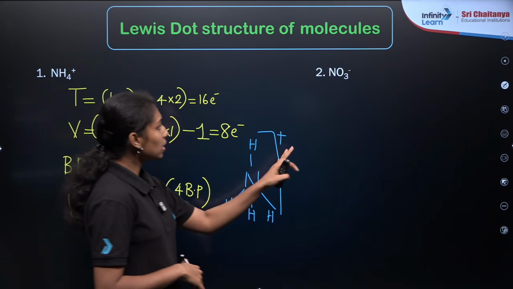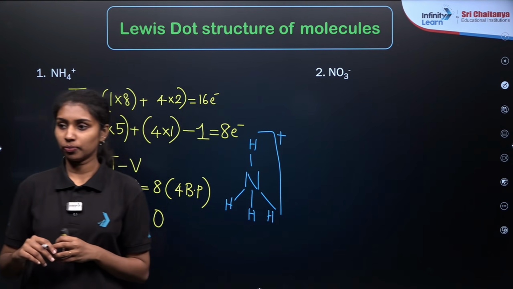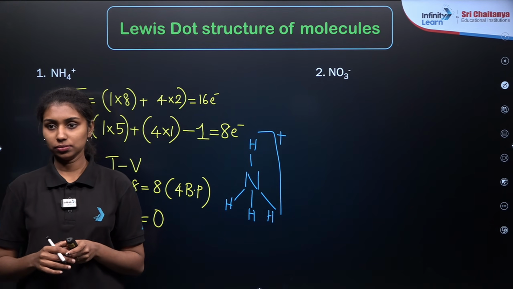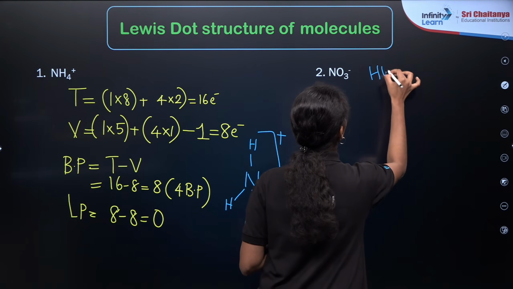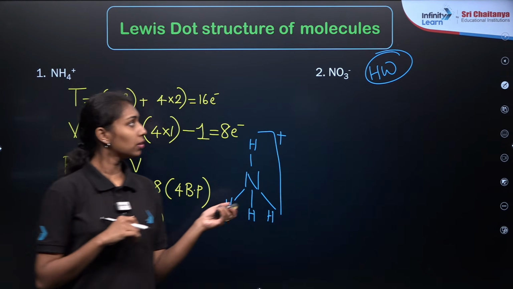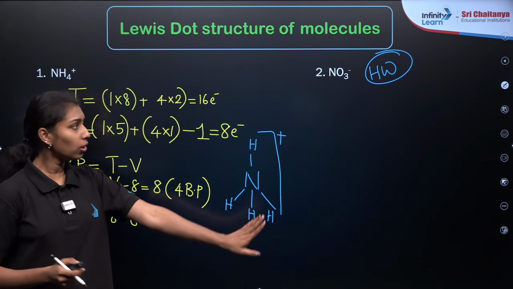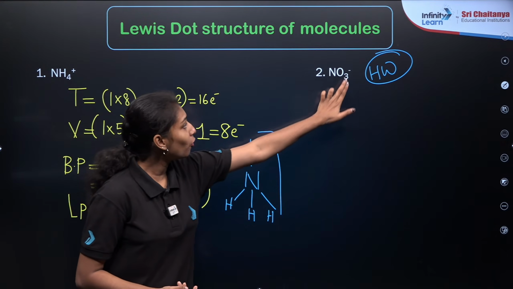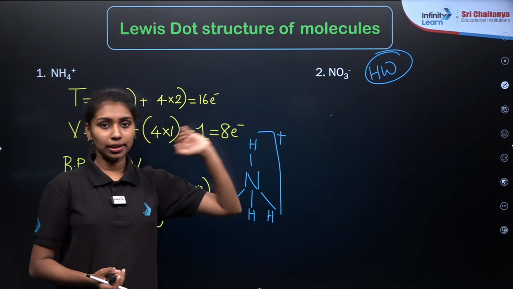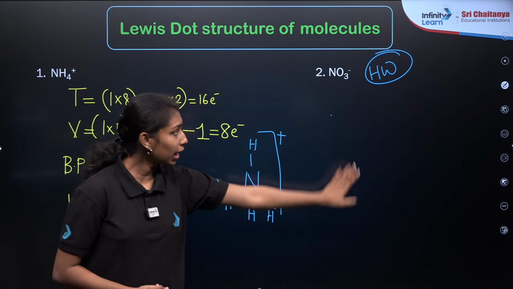Now just try to find out the structure of NO3 minus. The only difference is that if you want to find out the total number of valence electrons, you need to just add one negative charge to the total number of valence electrons in the case of the NO3 minus ion.